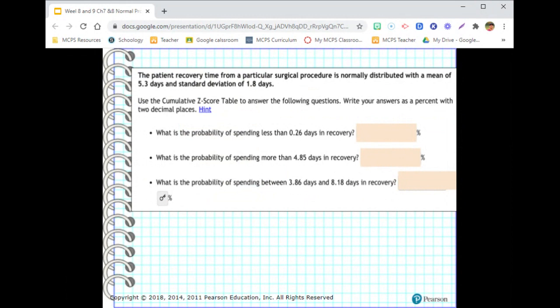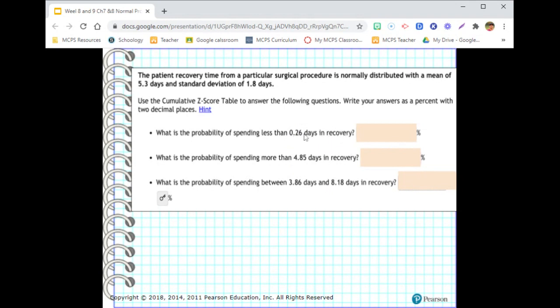All right, so the patient recovery time for a particular surgical procedure is normally distributed with a mean of 5.3 days and standard deviation of 1.8 days. Use the cumulative z-score table. So it's the same thing. The first one should be the probability of z less than 0.26.